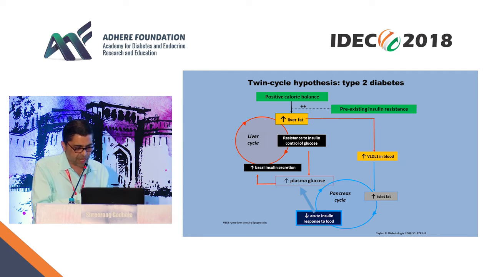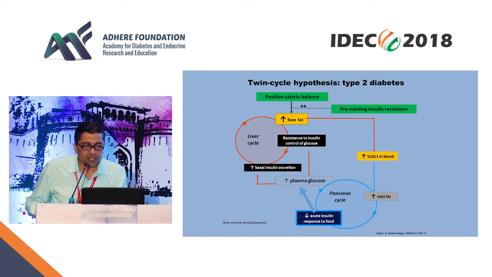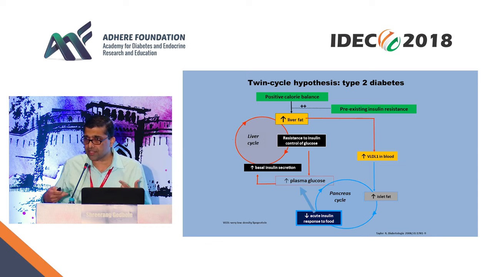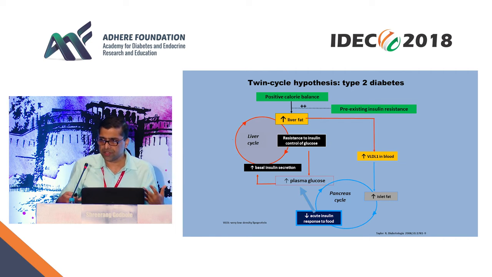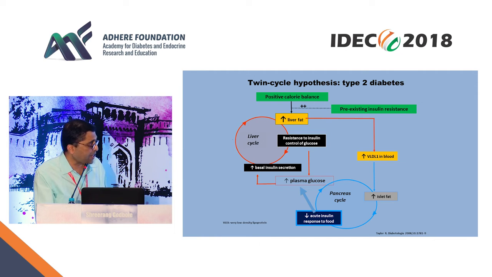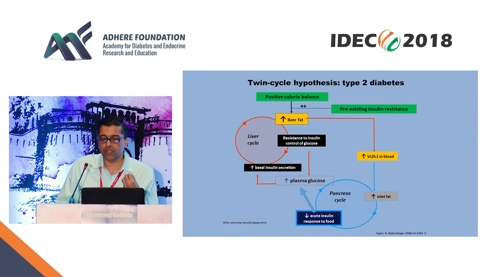At the same time, the increased liver fat is going to increase VLDL in the blood, and this VLDL, or more specifically, triacylglycerol, is increased, and various tissues are exposed to high levels of triacylglycerol, and the pancreatic islet is particularly prone to the toxic actions of triacylglycerol.